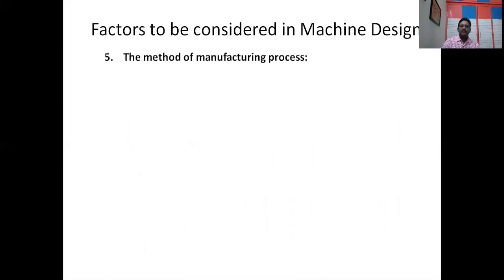And the fifth factor is the method of manufacturing process. So we know that we have different manufacturing processes to produce a product, and these processes vary from one product to another.